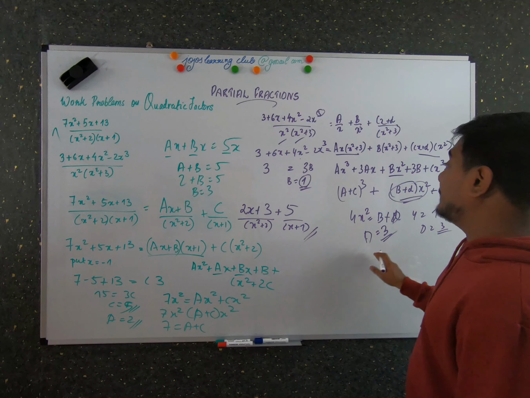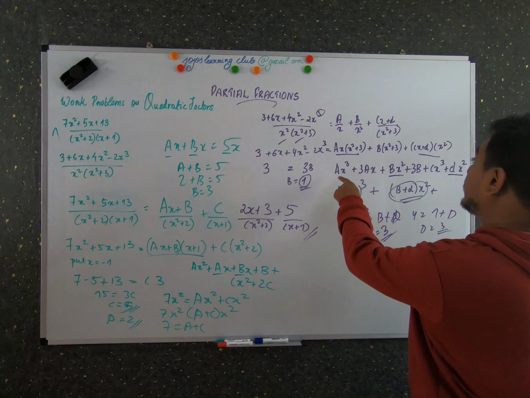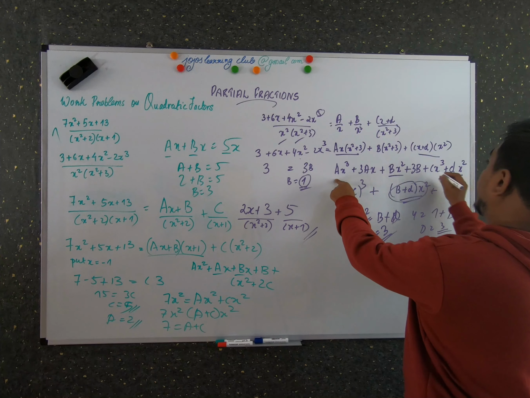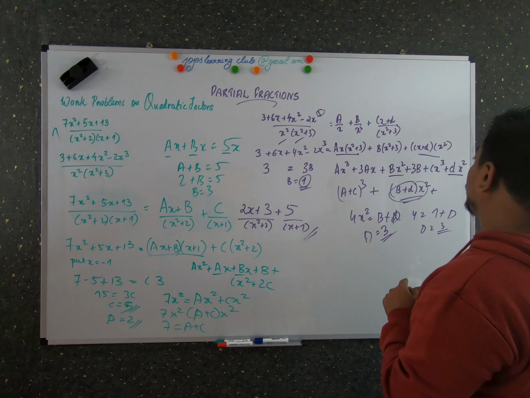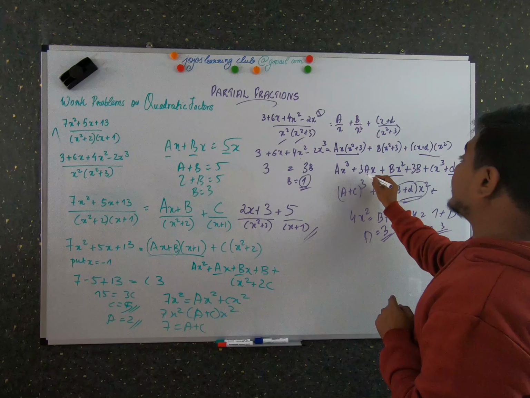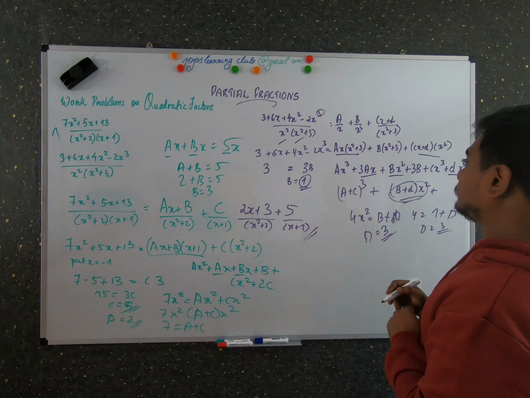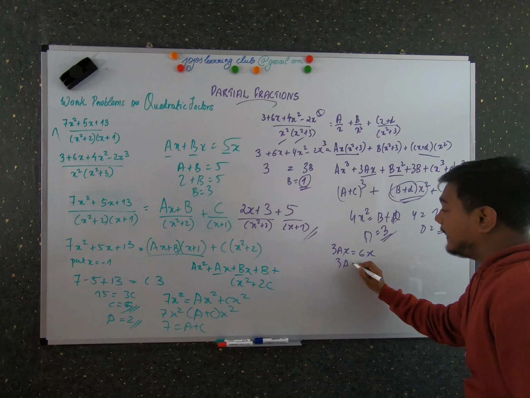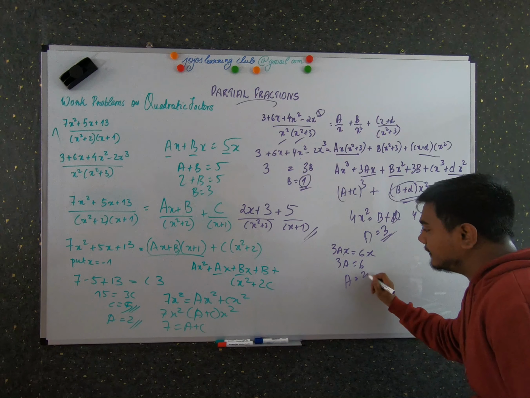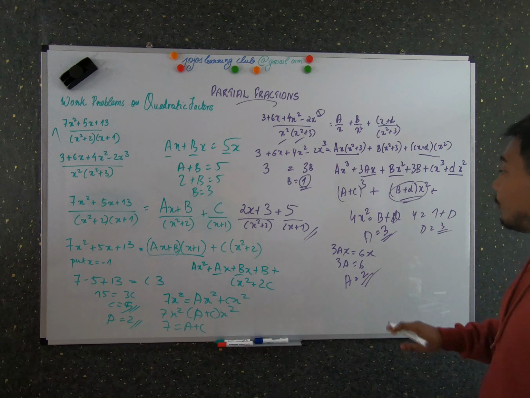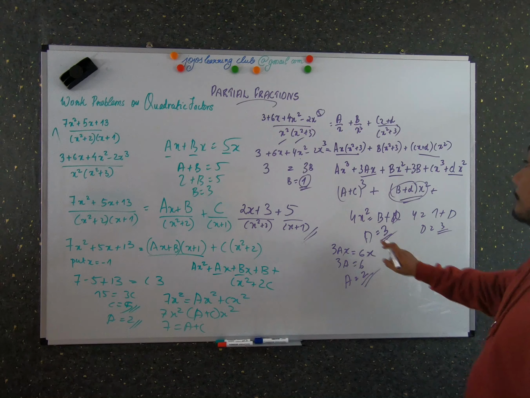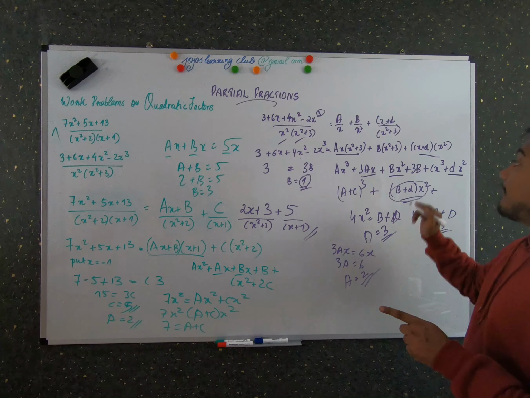So you got the value of b and d, and now you have to equate with these terms. Now a and c are not given, so equate the terms with x: 3ax. 3a is equal to 6 and a's value is 2. See, you got the values of a, b and d, and now you have to get the value of c.